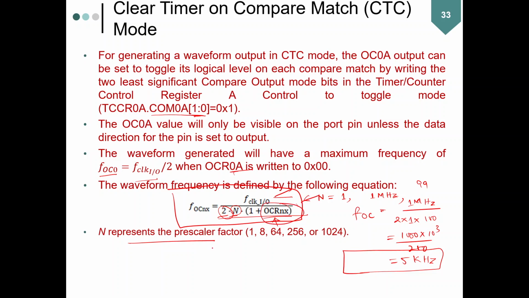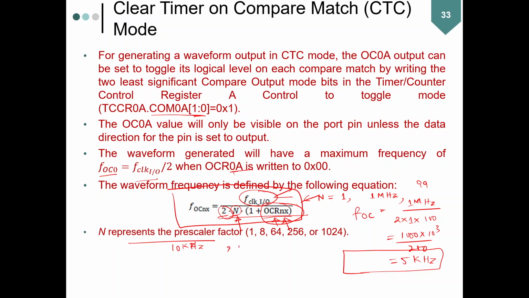So suppose that I want to generate a frequency of 10 kilohertz. Now there are two things that I can manipulate over here. The input clock is fixed again at, let's say, 1 megahertz. I can manipulate n and I can manipulate the OCRnx.